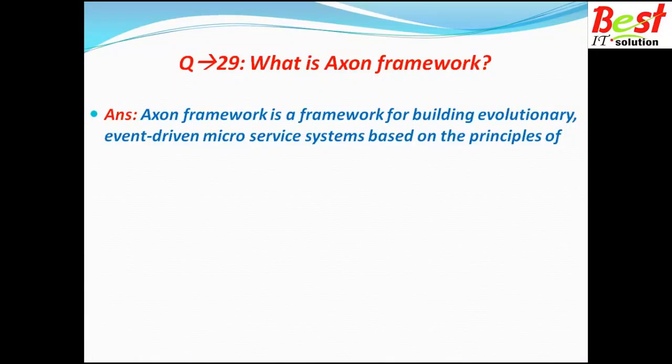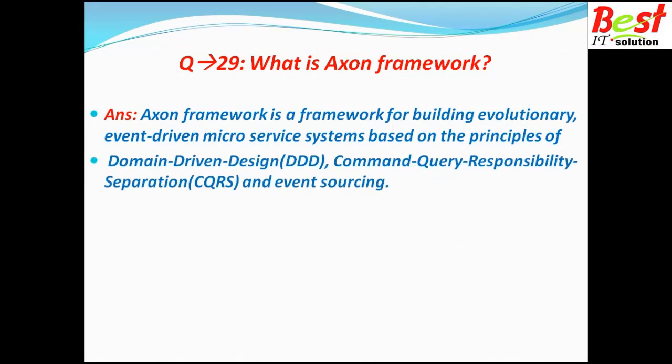What is Axon framework? Axon framework is a framework for building evolutionary event driven microservice systems based on the principles of domain driven design, DDD, command query responsibility segregation, CQRS, and event sourcing.